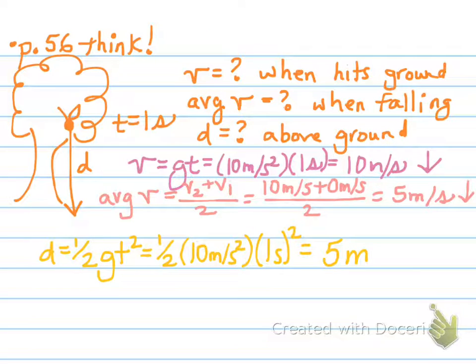Now, there is another way you could do this. You also could figure out this distance by taking your average velocity and multiplying it by your time. And notice you get the same answer that way. You'd have your 5 meters per second on average times the 1 second, which still gives you 5 meters. So it doesn't really matter which way you do that, whichever way makes more sense to you.